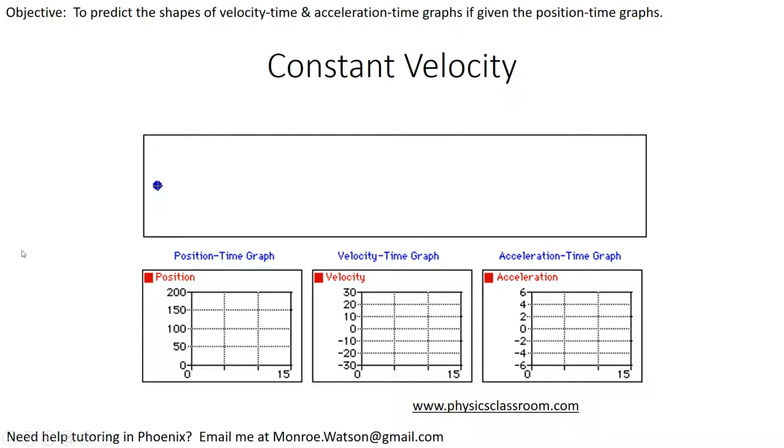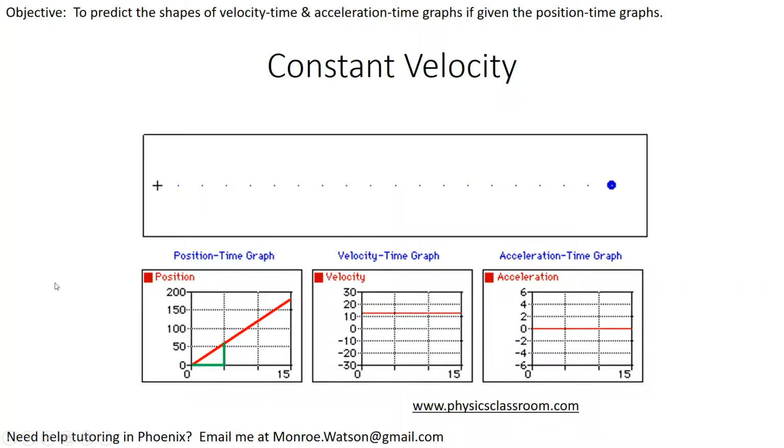So I've got a GIF file here, and it's showing constant velocity. Notice that the change in position as time goes on between these little dots, all these spaces between these dots, are all the same. They're equal distances from each other. So we have an equal spacing of dots, therefore we're going to have a constant change in position as time goes on.